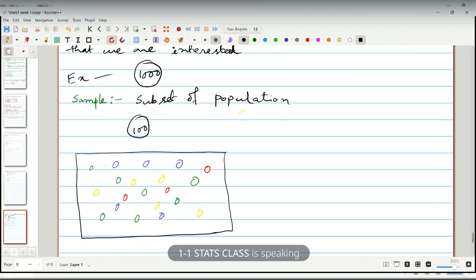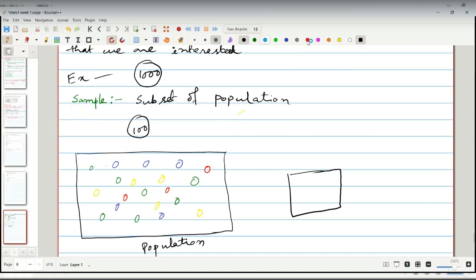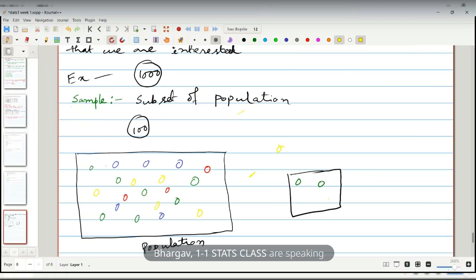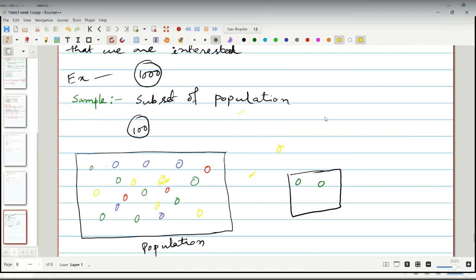So this is our population, and our sample is like this. Sample is a subset of population. So this is our sample.